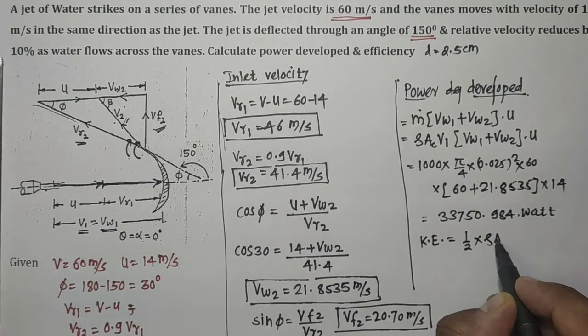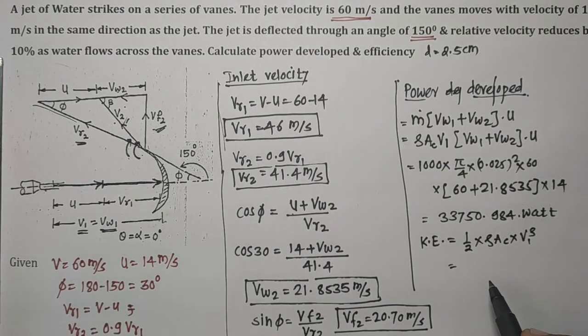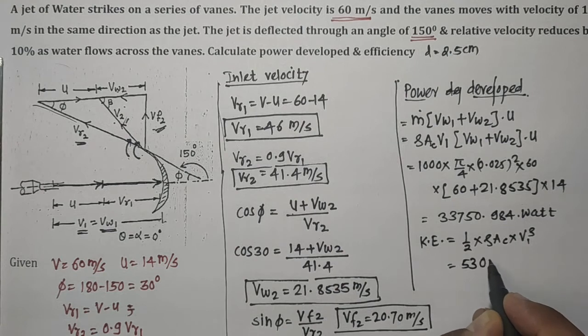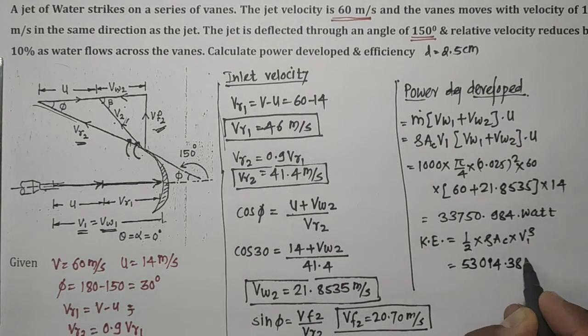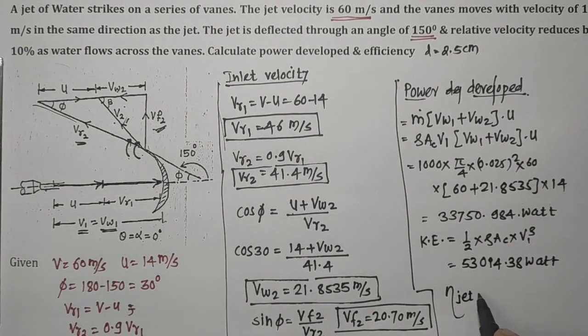Now for the efficiency, we must find out the kinetic energy, which is equal to 1/2 into rho into A into V cubed. So we will have that particular value as 53,014.38 watt. So efficiency of the jet is basically work done divided by kinetic energy into 100, and it is given by 33,750.984 divided by 53,014.38 into 100.